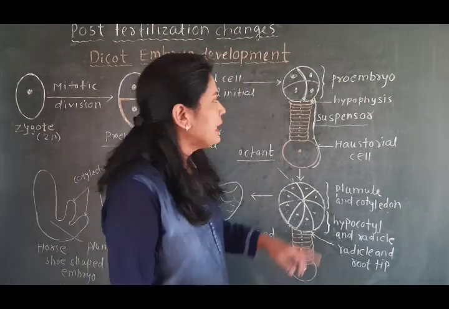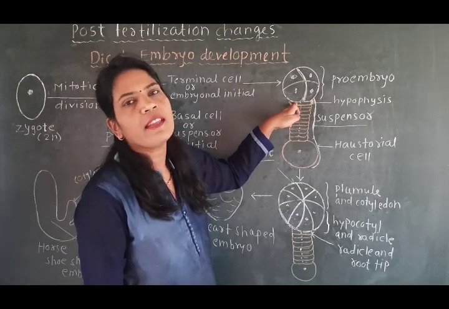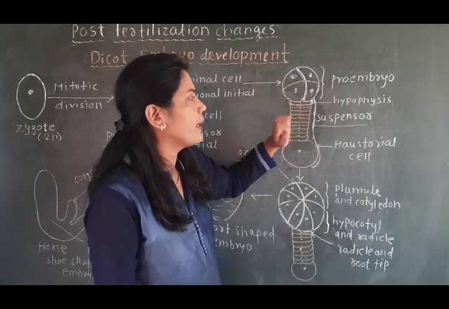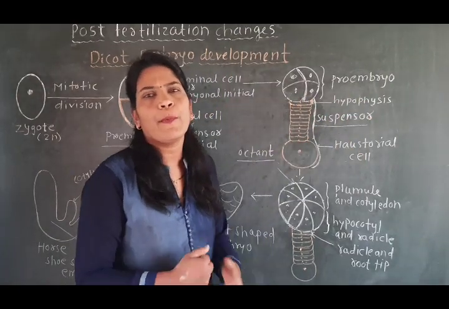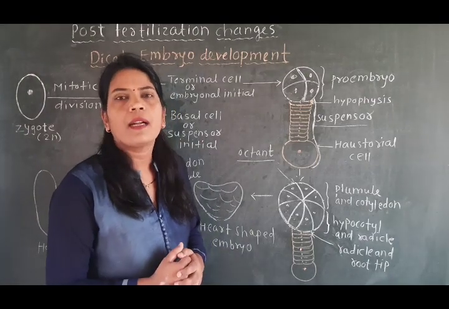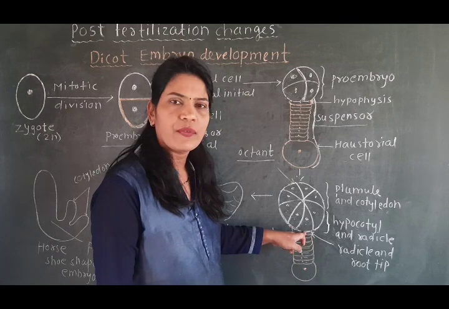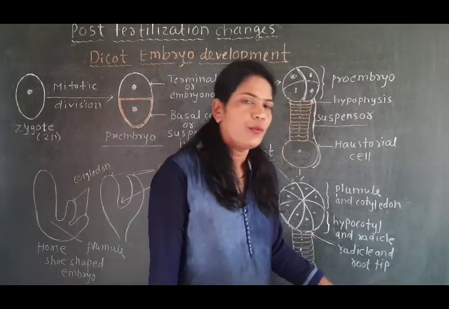Then here we have seen that the lowermost cell of this suspensor, which is near the proembryo, we label as the hypophysis. This hypophysis again undergoes further division and forms the radicle and the root tip.